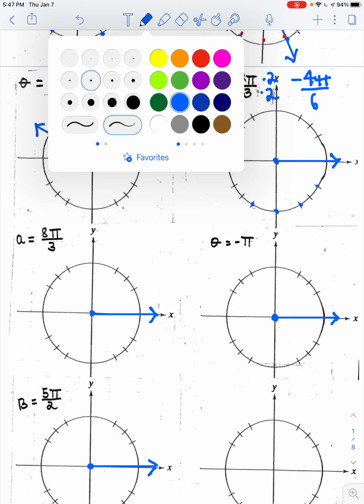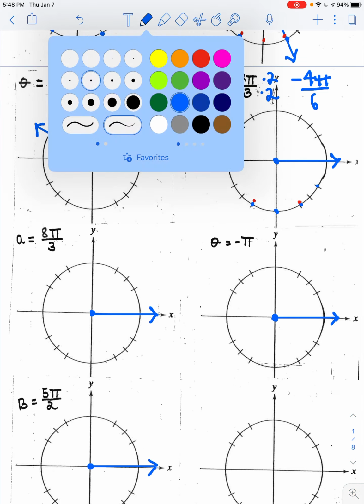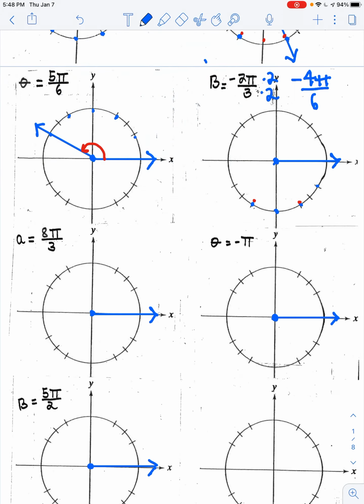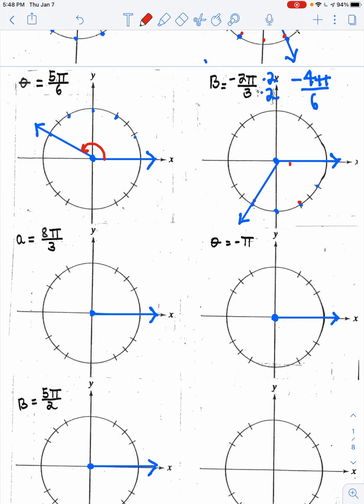Or if you prefer counting 1 pi over 3, 2 pi over 3, that works as well. Your choice. But whichever way you do it, the terminal side goes here. The rotation is clockwise because our angle is negative.